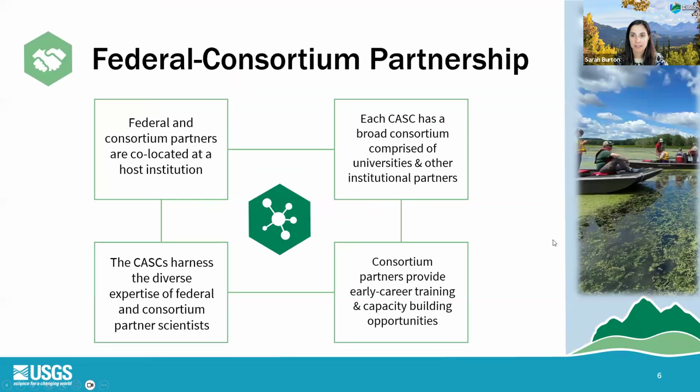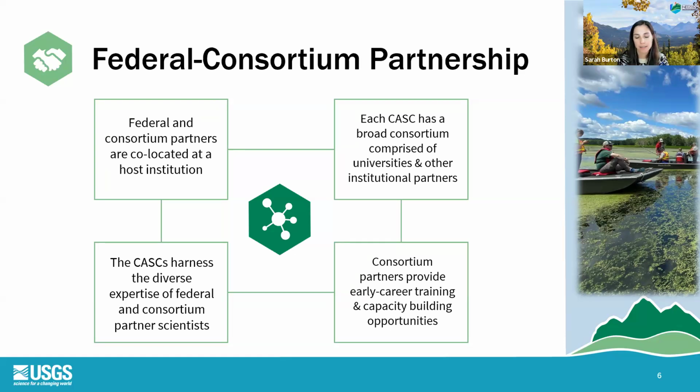And so to get into this, to give you a little bit more background and hopefully help you grasp this concept of this federal consortium partnership a little bit better, I want to highlight that just one more time. So again, they're co-located at an institution. So for example, the North Central region of the CASC network is hosted by the University of Colorado Boulder, which means they lead the partnership with these external non-federal entities.